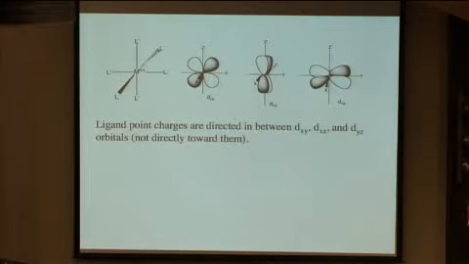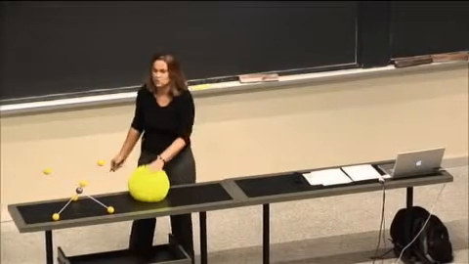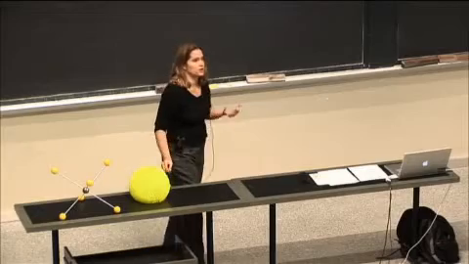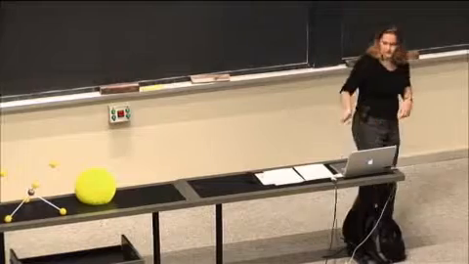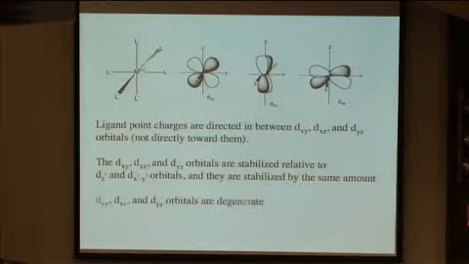So that is stabilized compared to this hypothetical case where the ligands are everywhere, so some of them will be pointing toward them, and also stabilized compared to the other sets of orbitals where the ligands are now pointing directly at them. So these three sets of orbitals are stabilized relative to the dz squared and the dx squared minus y squared orbitals, and they're stabilized by the same amount. So these three orbitals are also degenerate with respect to each other.